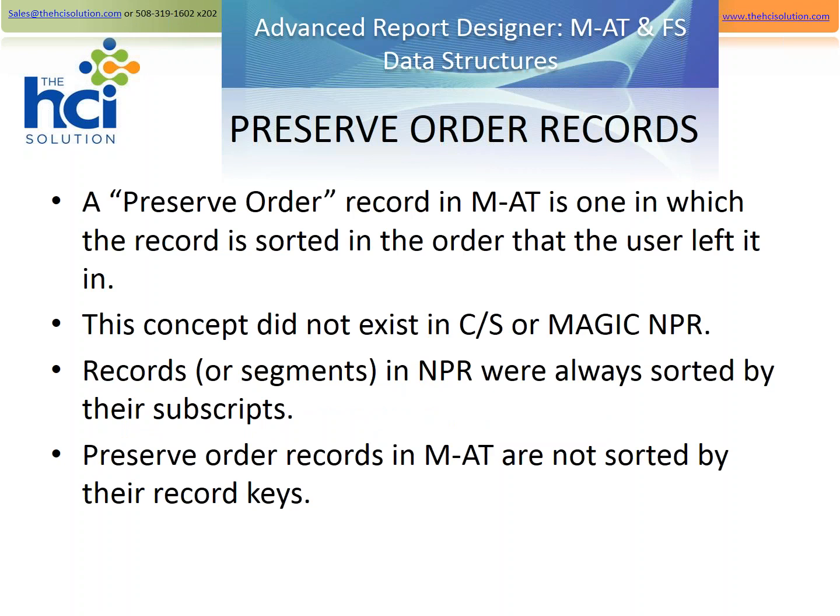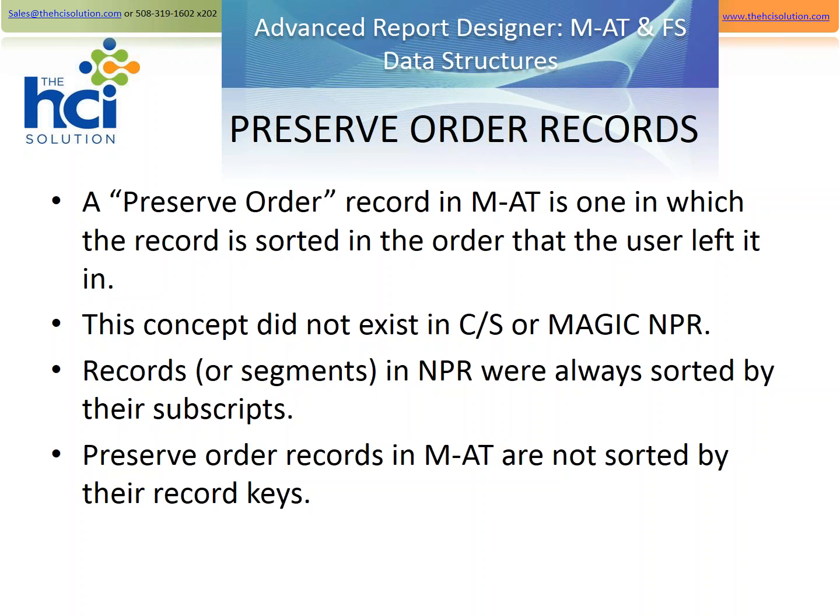All that a preserve order record is, is a record in MAT where the record is sorted in the order that the user left the record in. So when the user's entering things in on a screen, on some screens you can move rows up and down, move things around, put them in different orders.